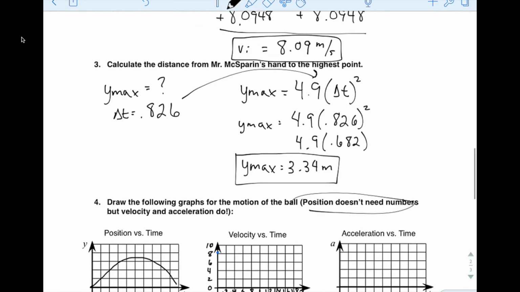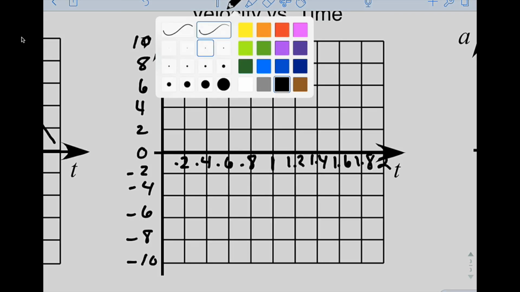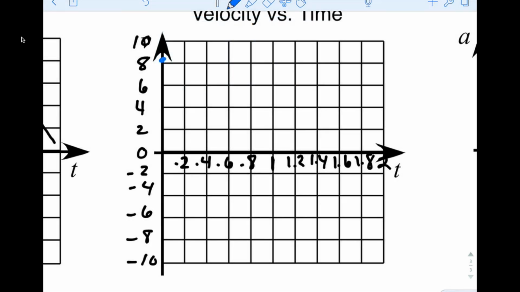Now, here's what I know, guys: it takes a little over 1.6 seconds, 1.65 seconds. And at the very end, the velocity is going to be the same as at the beginning, but negative. So instead of positive 8, it's going to be a little bit below negative 8, and a little bit past 1.6.